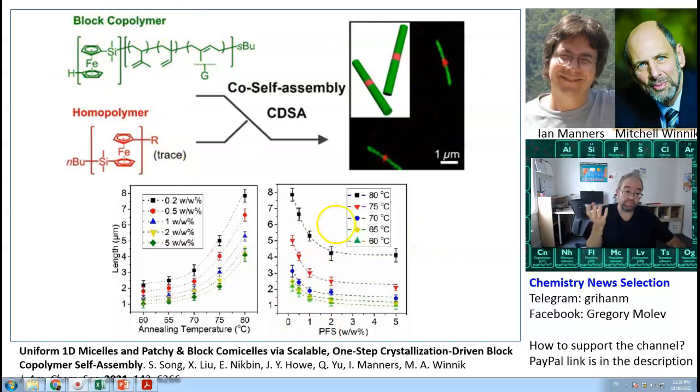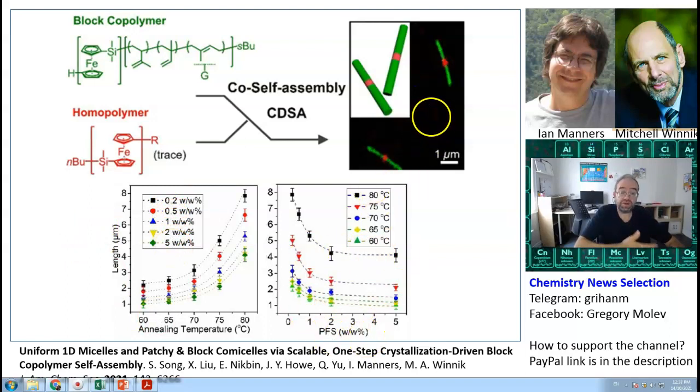And by the concentration of the PFS that you add to this solution, you can control the final amount of nuclei and the final length of the micelle. Those graphs show exactly this. The length as a function of the temperature with different amounts of PFS added, and this is the length as a function of PFS added.